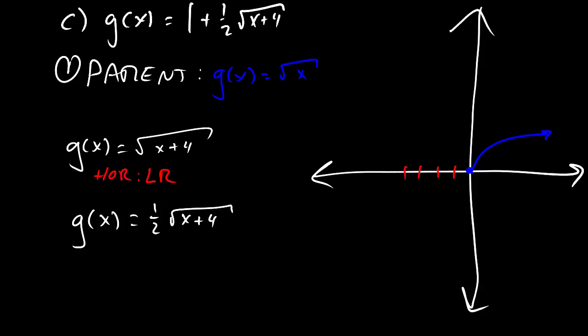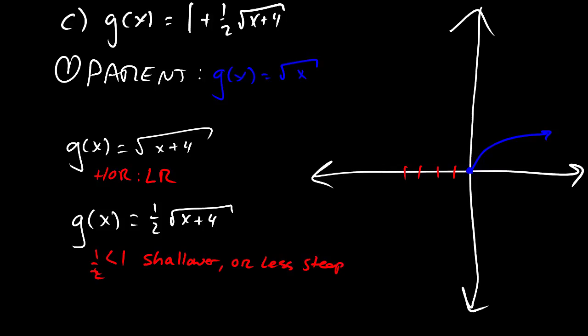If we multiply by a number less than 1, what happens to it? Does it get steeper or shallower? 1/2 is less than 1, so that means we're getting shallower, or less steep.